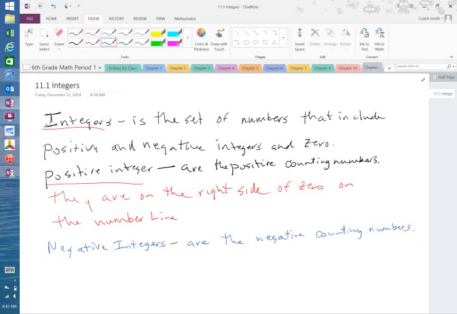Okay? And they are on the left side of 0 on the number line.